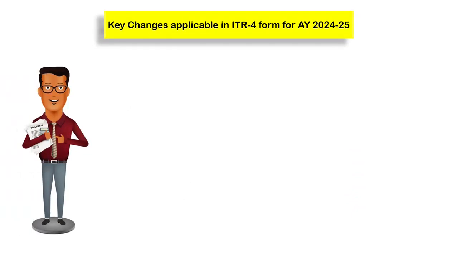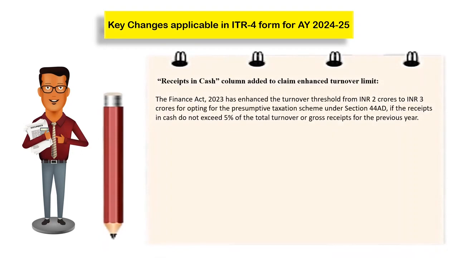Another change which has been added in the ITR-4 form for assessment year 24-25 is that the receipts in cash column has been added to claim the enhanced turnover limit. Please note, the Finance Act of 2023 enhanced the turnover threshold limit from 2 crores to 3 crores for opting for the presumptive taxation scheme under Section 44AD.